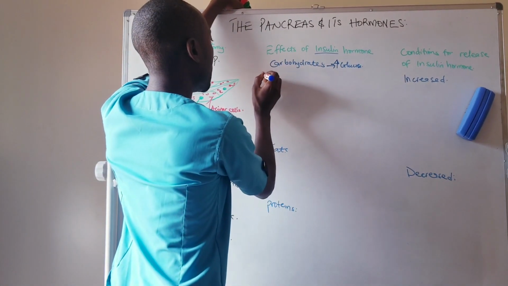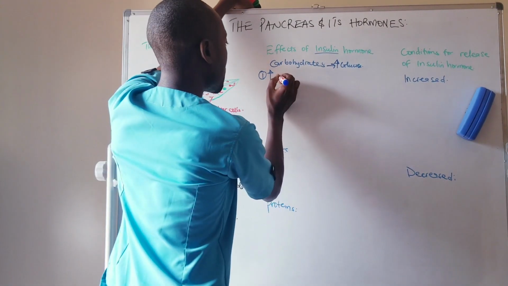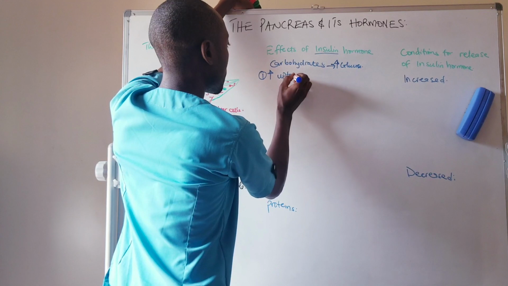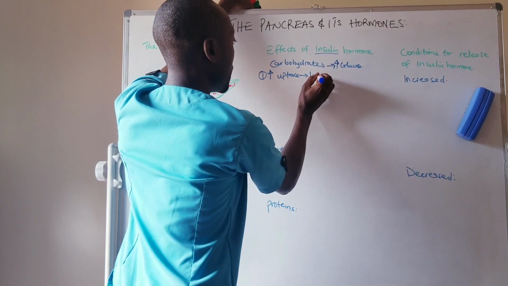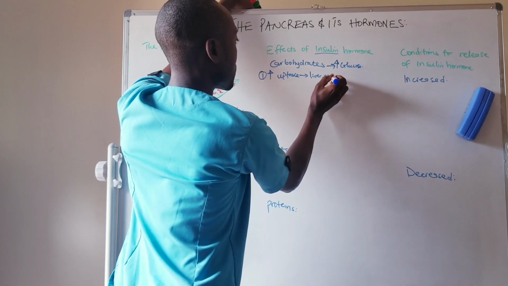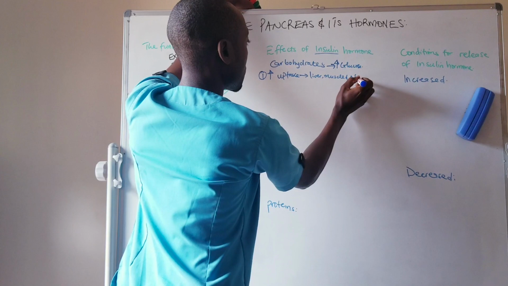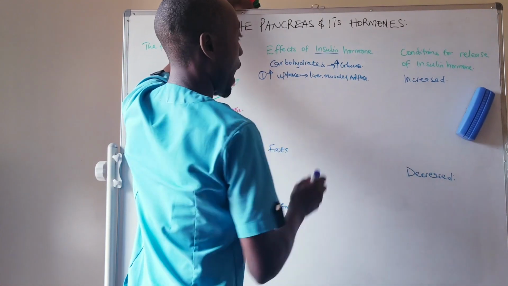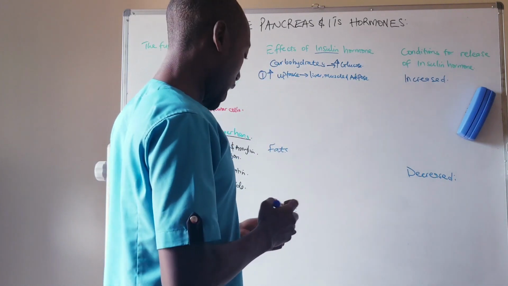One is that insulin is going to increase uptake of this glucose into liver cells, muscle cells, plus adipose tissues. How does this happen?